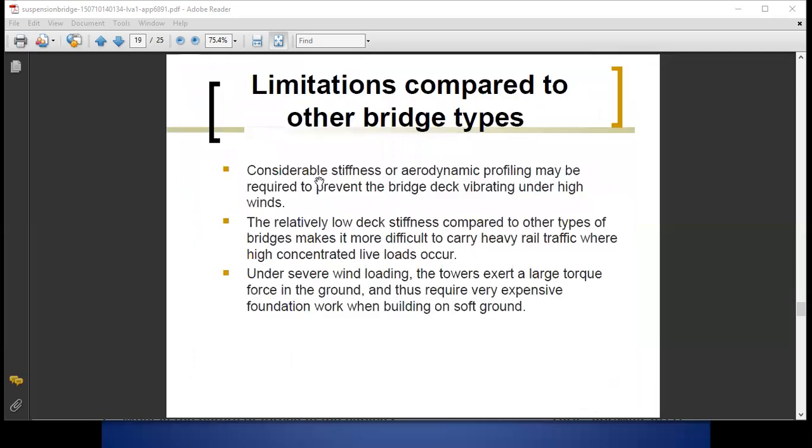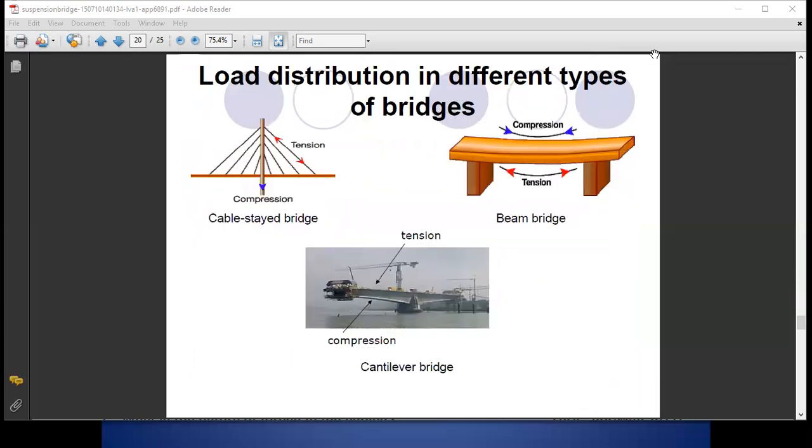So this is just the introduction part of your suspension bridges.